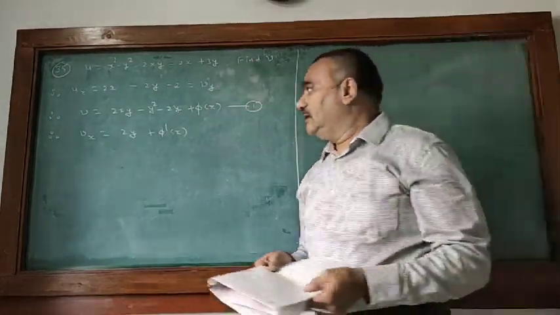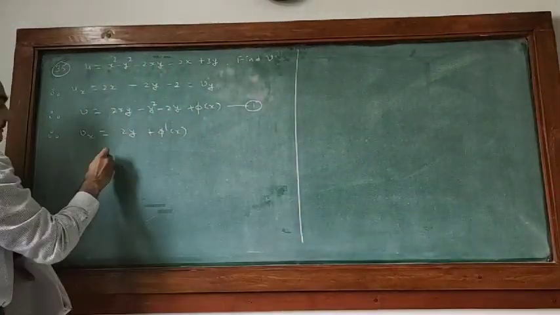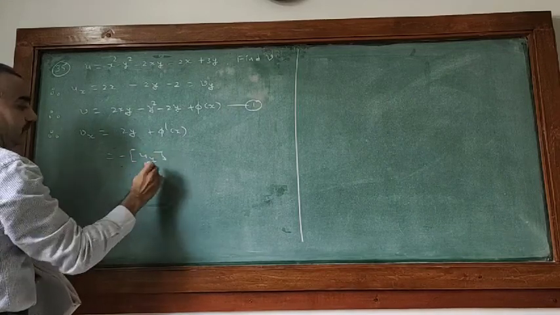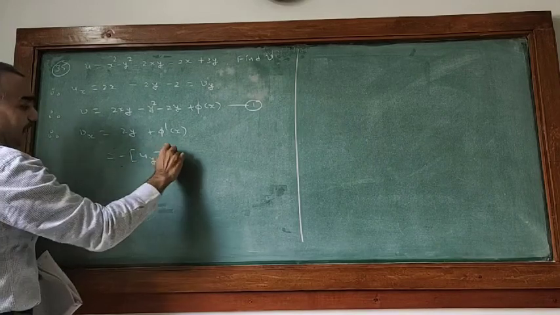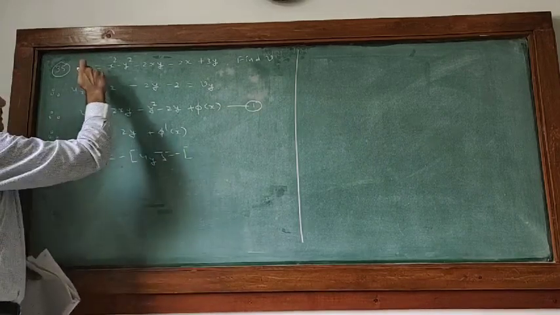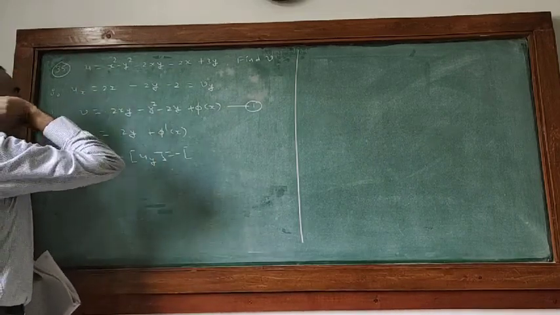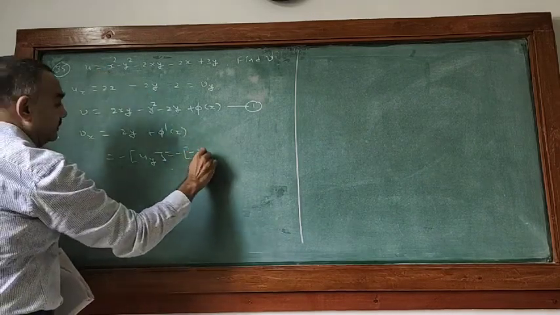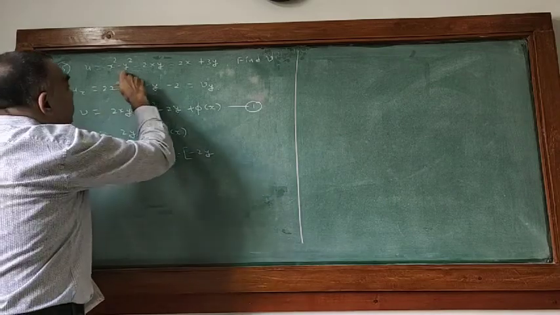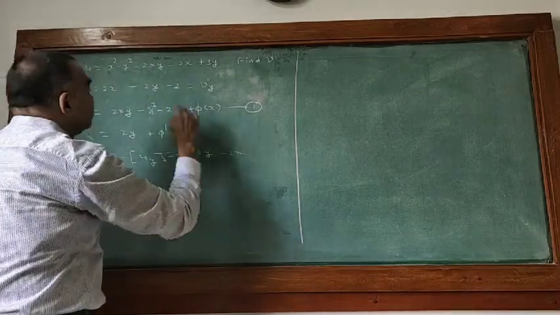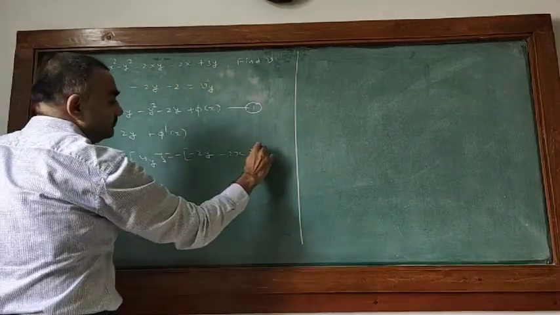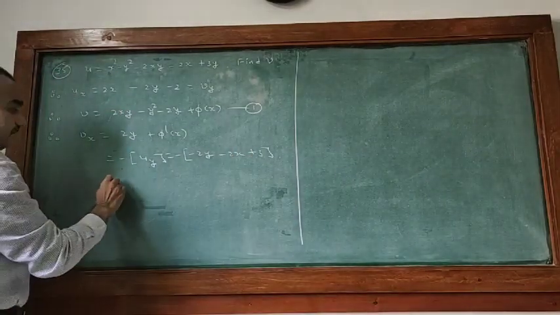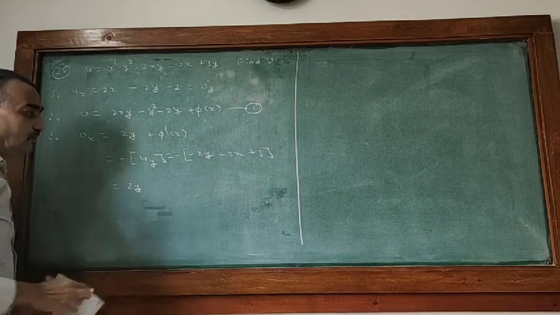And this is minus of u_y. So differentiate u with respect to y and take the negative of that. So this is equal to minus 2y minus 2x plus 3. How is it?